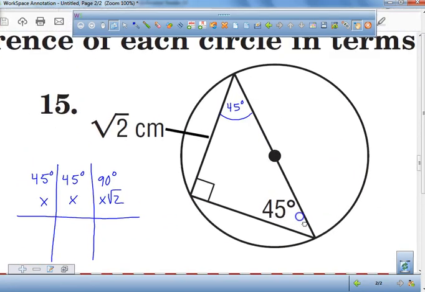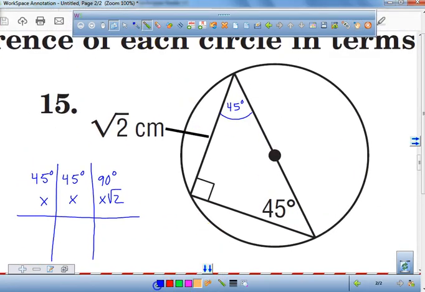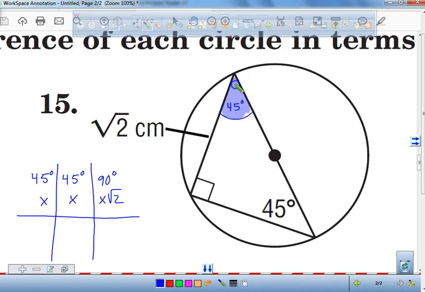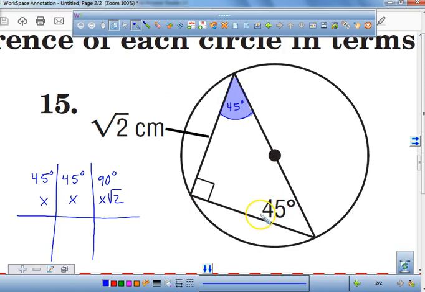What we're going to do up here is we're going to highlight this 45 degree angle in blue. We're going to highlight this 45 degree angle in blue. Okay.